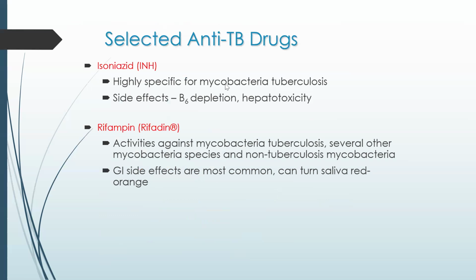Isoniazid is highly specific for Mycobacterium, with side effects of vitamin B6 depletion and hepatotoxicity, so liver toxicity. For rifampin, it has activity against Mycobacterium tuberculosis, several other species, and non-tuberculous Mycobacterium as well. GI side effects are most common, and it can turn the saliva red or orange, which is kind of weird.